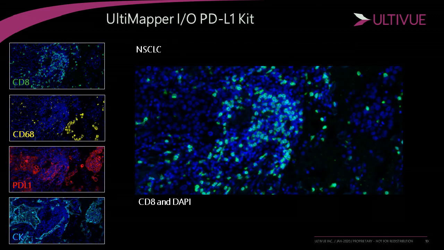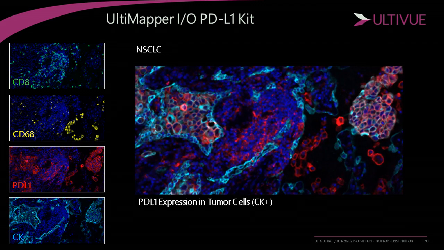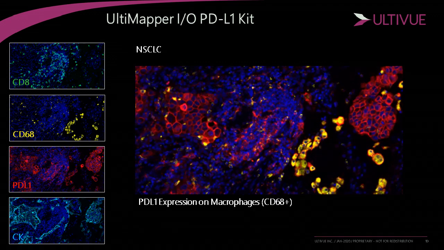Here I'm showing you an example staining of the use of the PD-L1 kit, which has been done on non-small cell lung cancer. So here you see in green CD8 cells, and in the second image you see PD-L1 expression on tumor cells that express cytokeratin, where cytokeratin is in cyan and PD-L1 is in red.